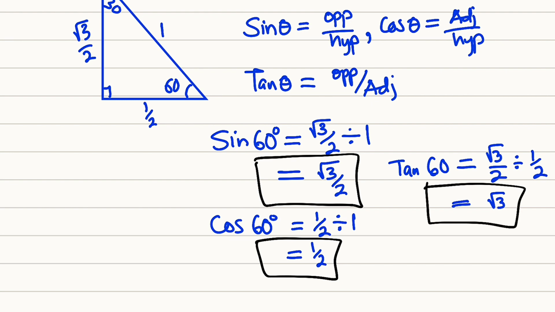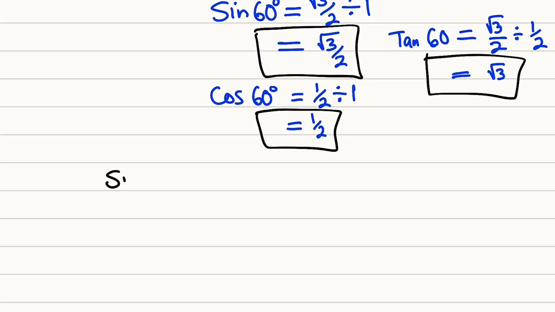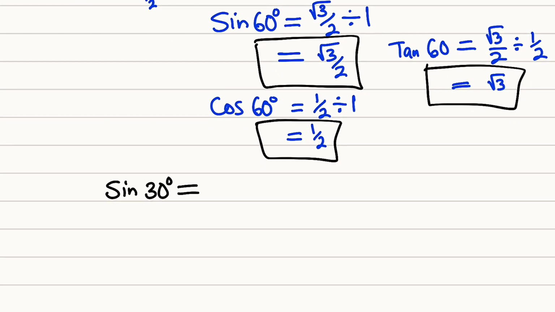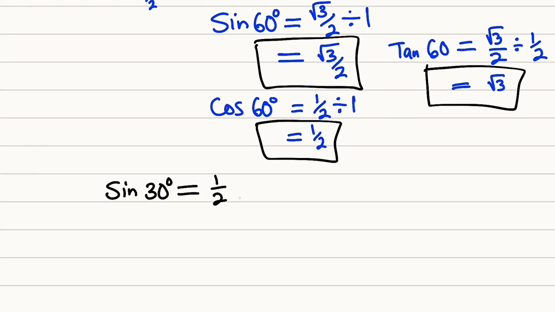Okay, let us go on to 30 degrees. Sine 30 degrees is equal to the opposite all over hypotenuse. The opposite of 30 degrees you can see is 1 over 2, and the hypotenuse is 1. So this is 1 over 2 divided by 1, which is the same thing as 1 over 2.